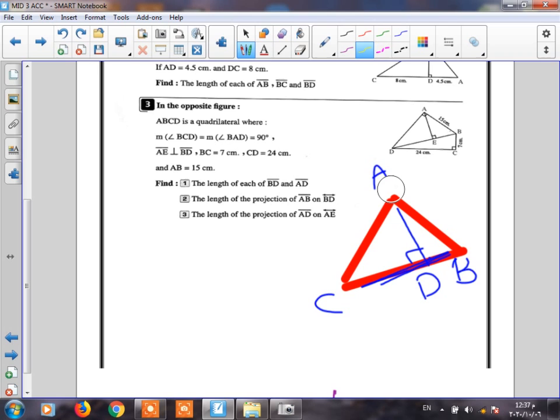So according to our exercise, how can I get the projection of AB on BD? The projection of A on BD is E.